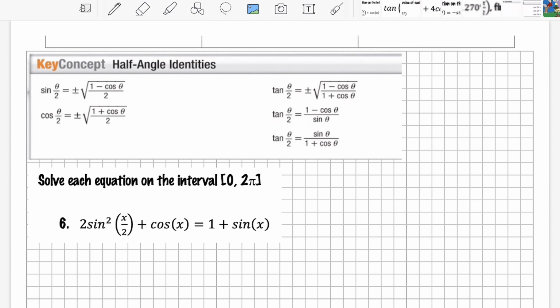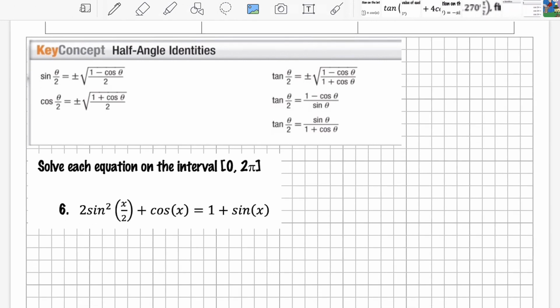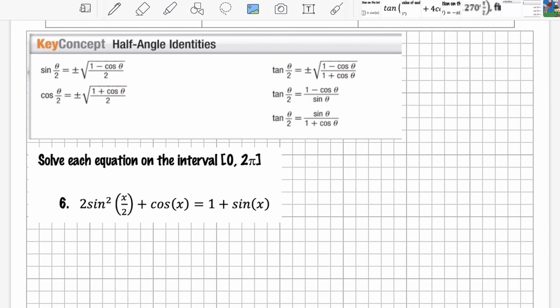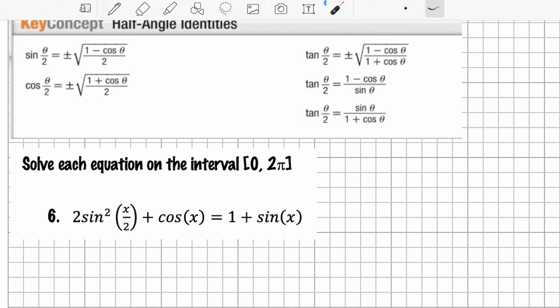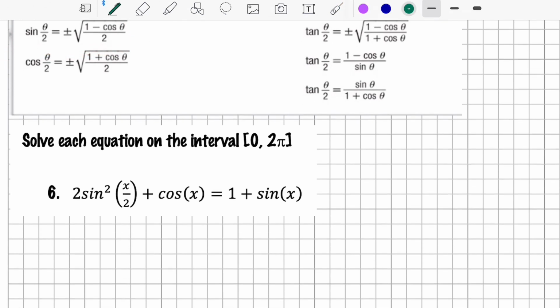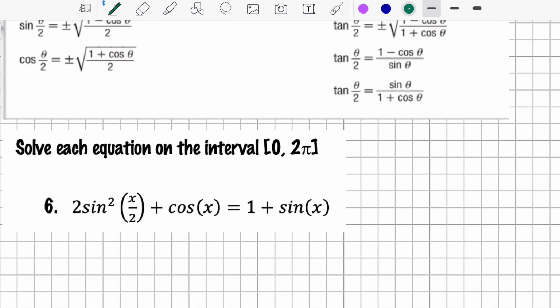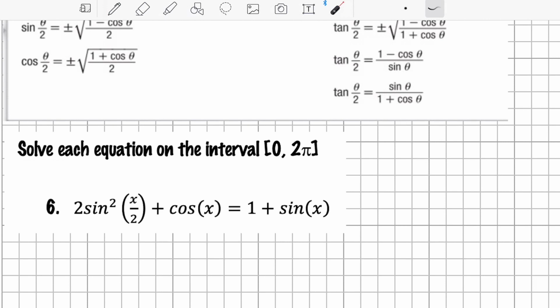Okay, last example. This one, we're going to solve an equation which requires us to use the half angle identities. So I want you to notice that this one has a half angle. So we want to rewrite it as one of these, actually for sine only. So let's start by doing that. Let's rewrite it. And notice also that it is squared.